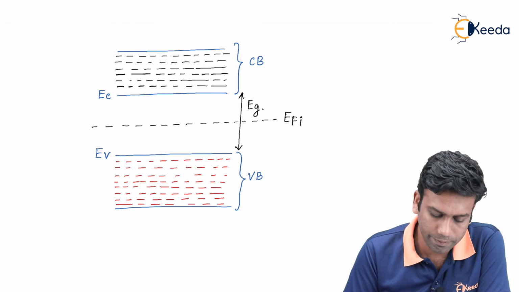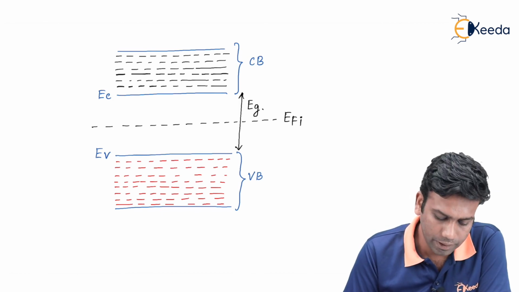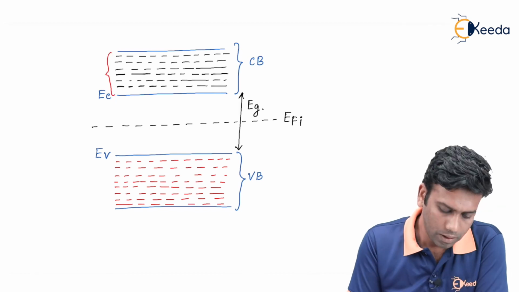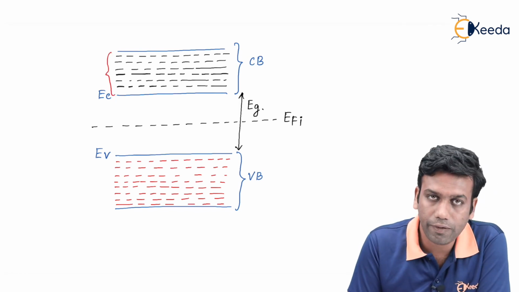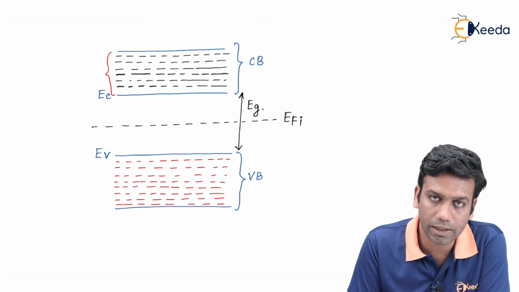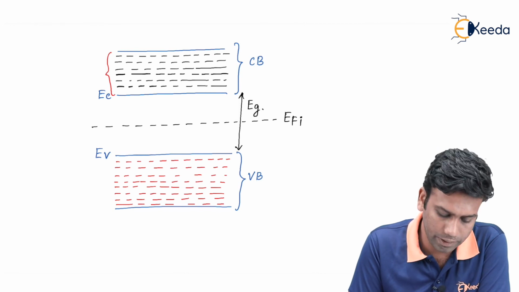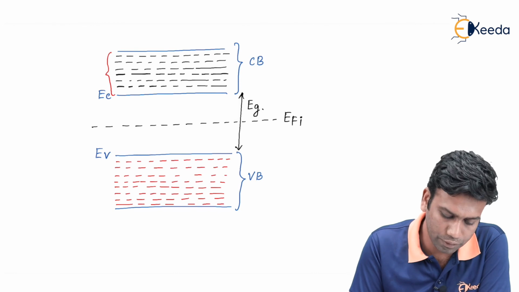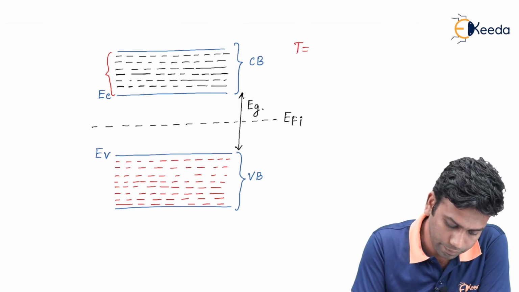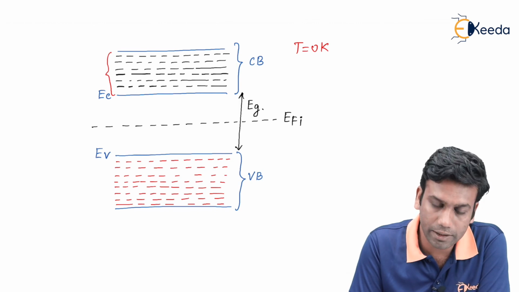Now, we know that the electrons always reside in the conduction band. So, now if we want to find the probability of finding the electrons in the energy levels of the conduction band at temperature T equals to 0, then it will be exactly 0.